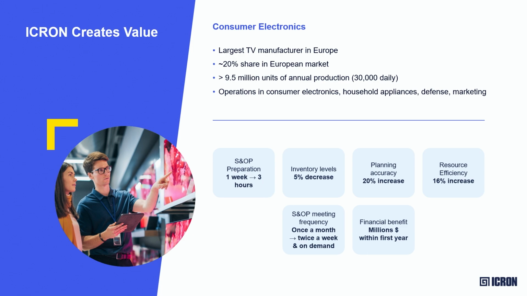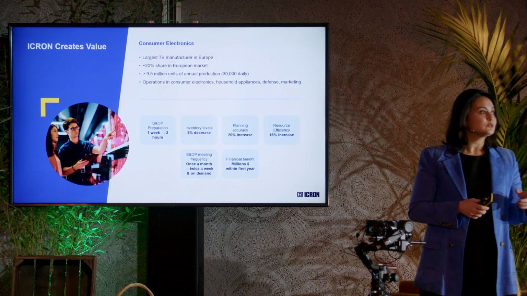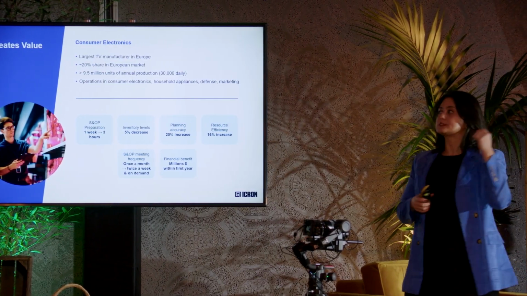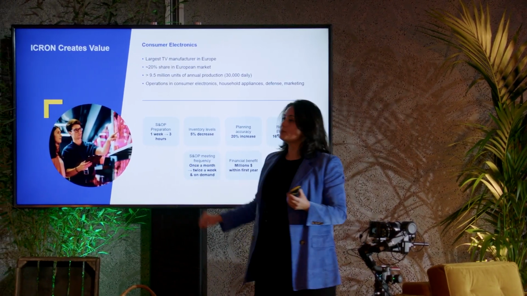With ICRON, we have been creating value for some companies with this way of working. I will give you only two examples. One of them is from the consumer electronics industry. This is one of the biggest TV manufacturers in Europe. With ICRON, they could do S&OP preparation.